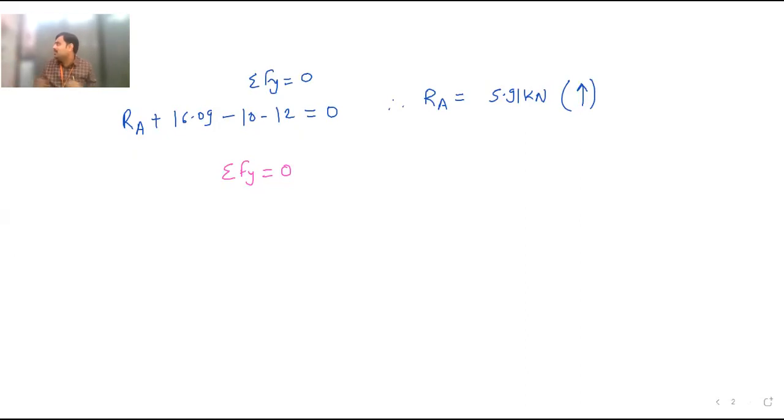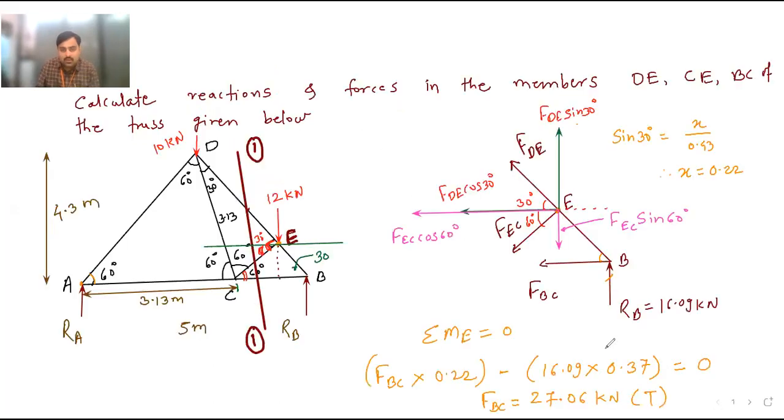डायरेक्ट काय पण आधी जाते त्याने काय अडचण नाही. Now if you apply summation Fy equal to 0, then this is FDE sin 30 and FEC sin 60.